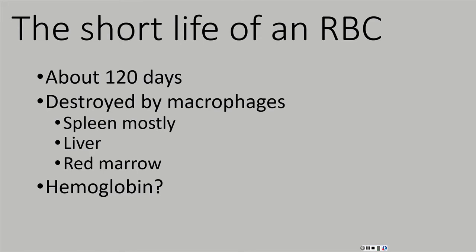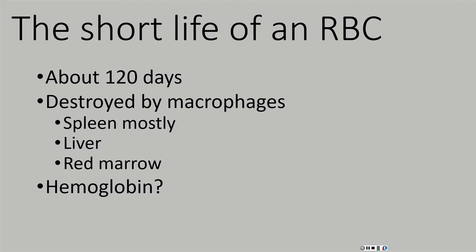But red blood cells, erythrocytes, don't last very long. Some cells in our body will last practically as long as we do. Some cells will last months or years. But red blood cells don't last very long at all. They only live about 120 days. And that's for a couple of reasons.